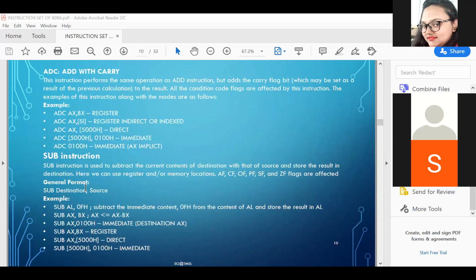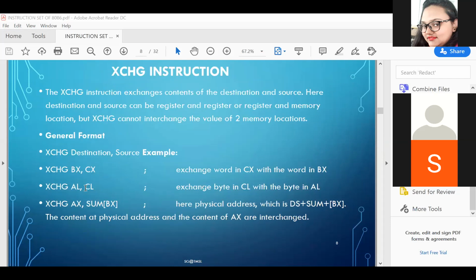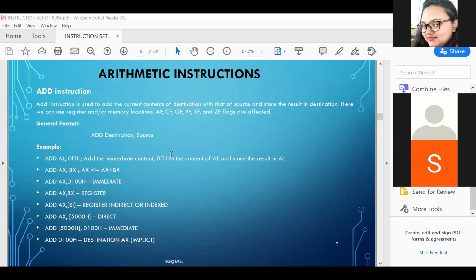Okay, the next is this one. So go to the next classification of the instruction, which is the arithmetic instruction. Until now we have discussed the data transfer instructions. Right now I would like to discuss the arithmetic instructions. Several arithmetic instructions are available, like add to perform the addition, subtraction, multiplication, division.